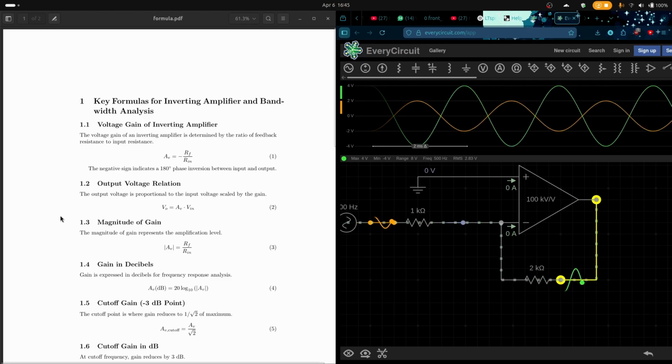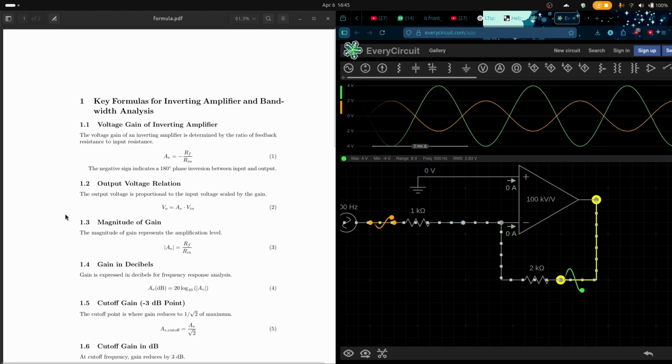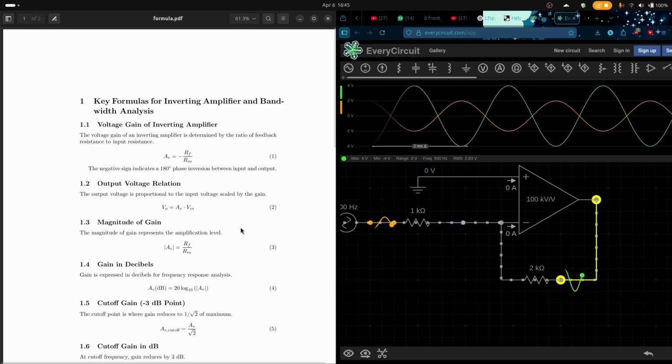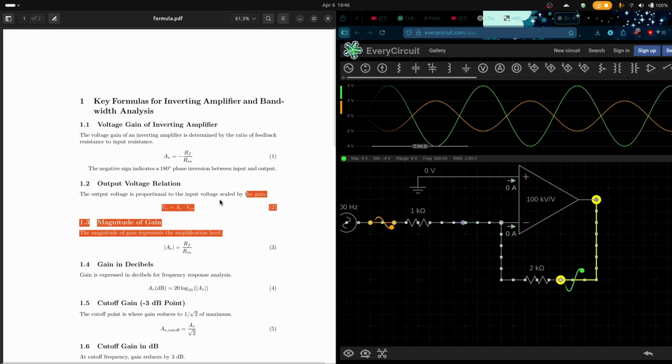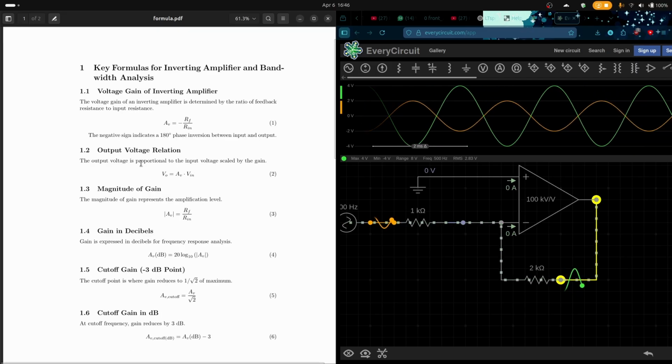The current through the input resistor is Vin divided by Rin. Since no current enters the op amp, the same current flows through the feedback resistor. So the output becomes negative of the current multiplied by Rf, that is, Rf by Rin.